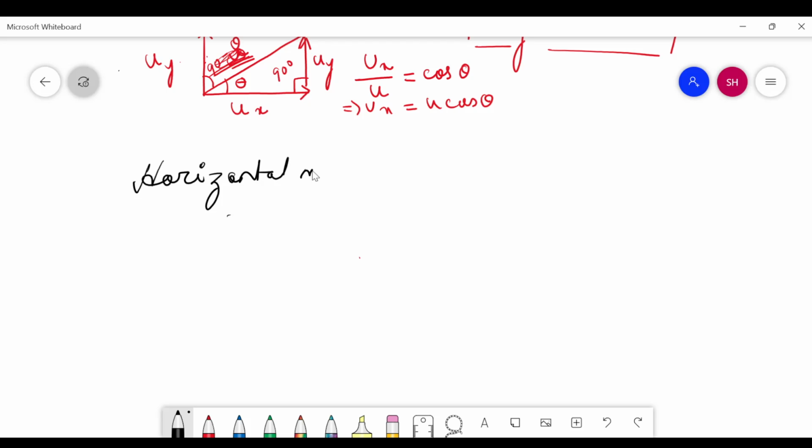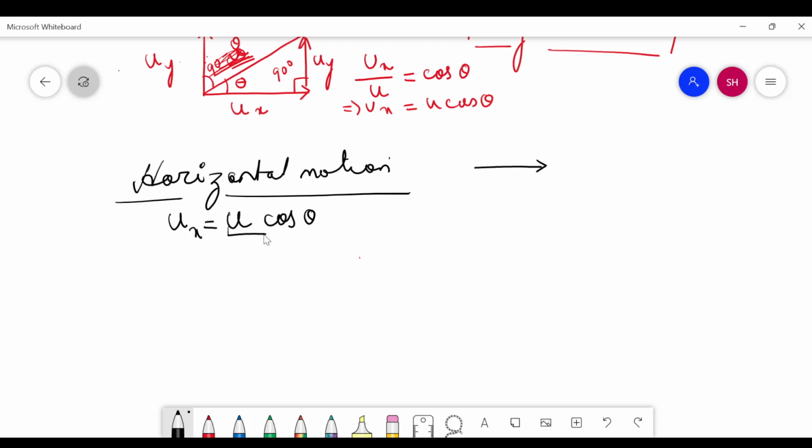In the horizontal motion, the initial velocity ux is u cos theta, and here no acceleration is present because it will move each second only by u cos theta amount.